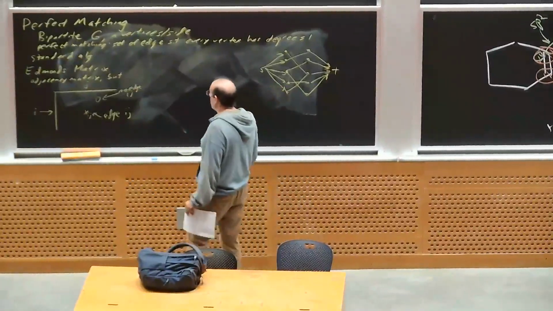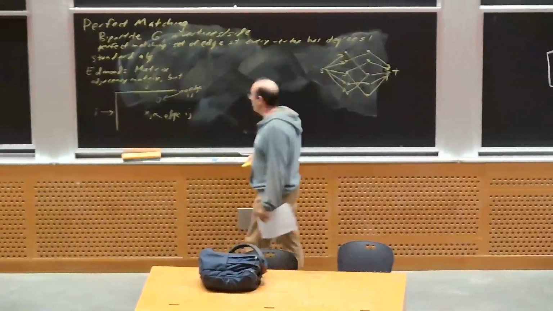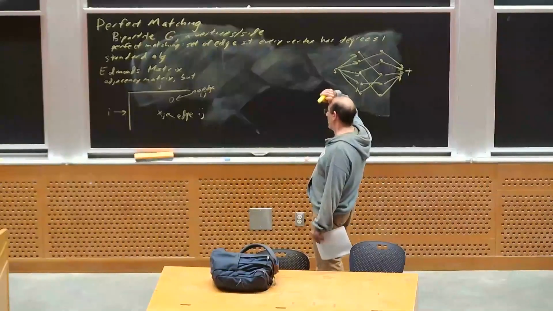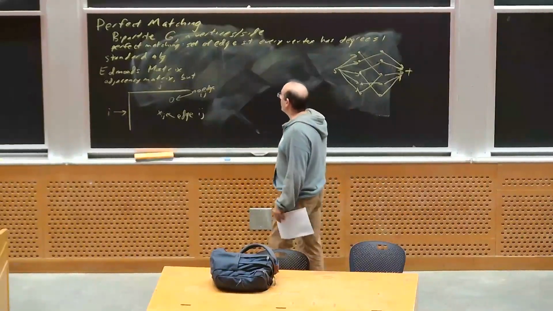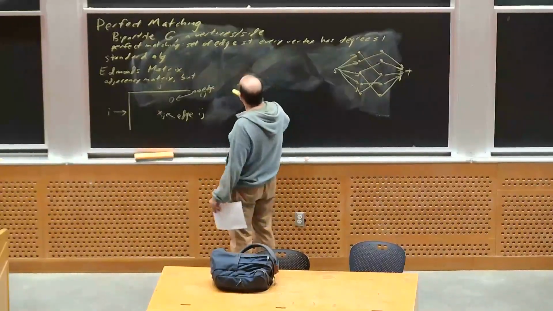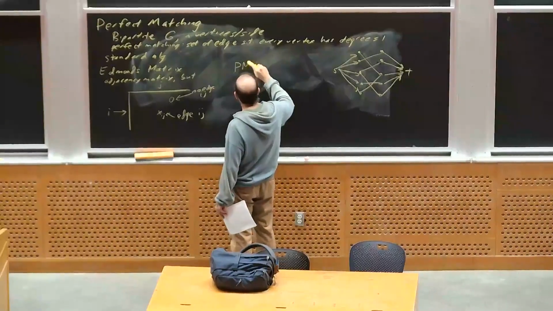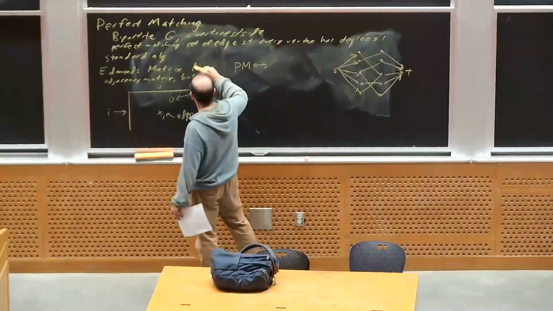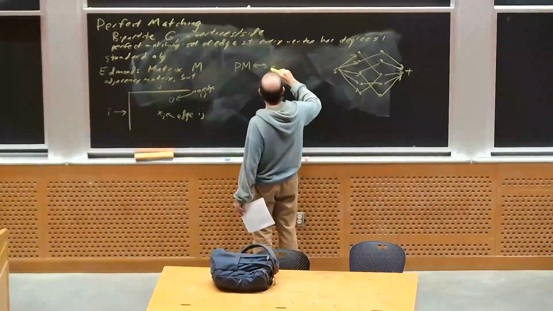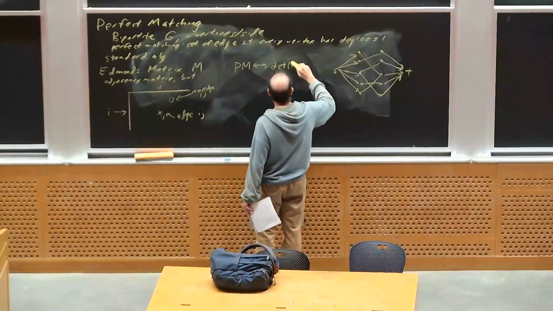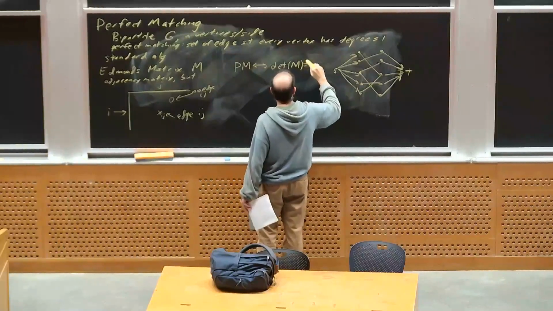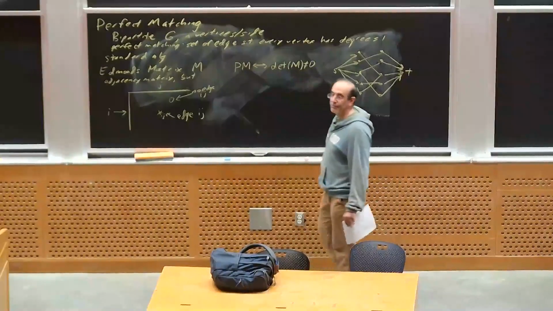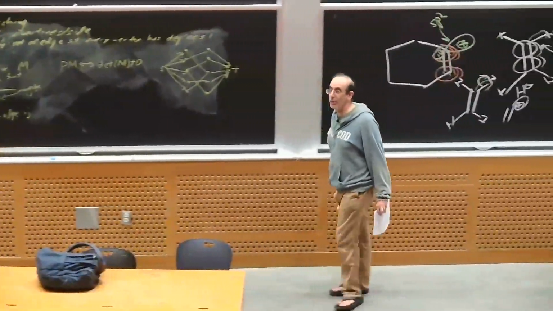What Edmonds proved, or actually I don't know if Edmonds proved it, he probably did because the matrix is named after him, is that there is a perfect matching if and only if, let's call this matrix M, the determinant of the matrix is not 0 as a polynomial.